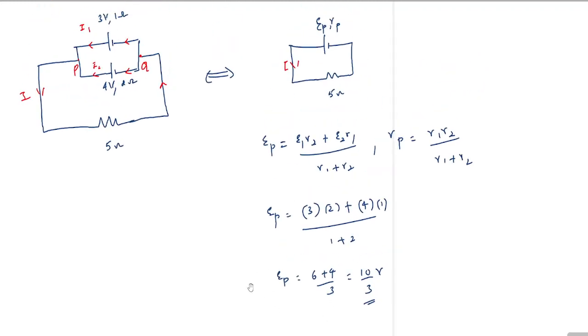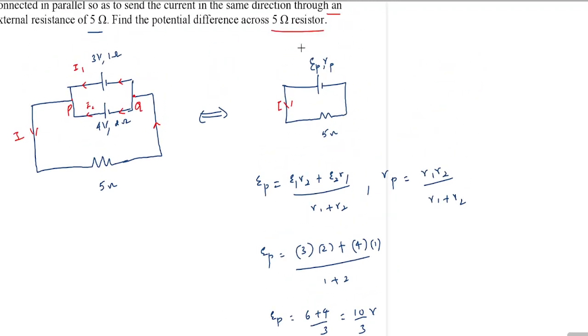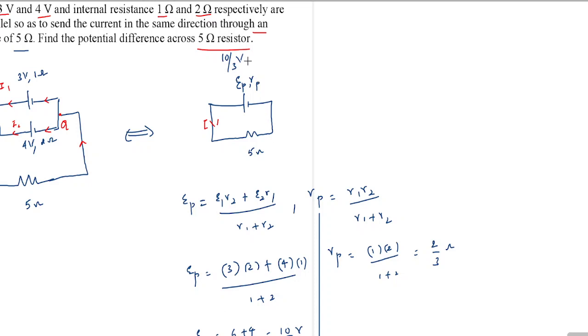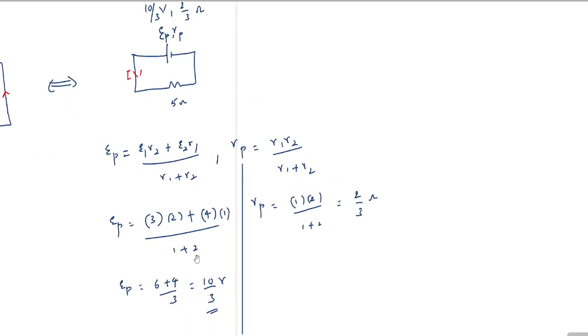So the equivalent EMF here is 10 by 3 volt. Let us find its equivalent resistance also, which is given as RP. This RP is R1 into R2, which is 1 into 2 by 1 plus 2, that is 2 by 3 ohm. So here it is 2 by 3 ohm. Now we know what is current given by.